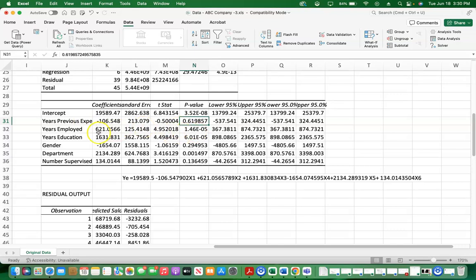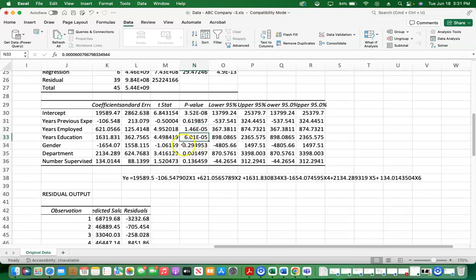And we will look at the years employed. You can see that this probability value is actually significant because it's less than 0.05, because we have this exponential here. So the p-value here is almost 0.